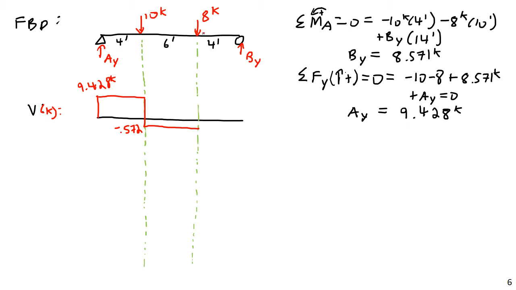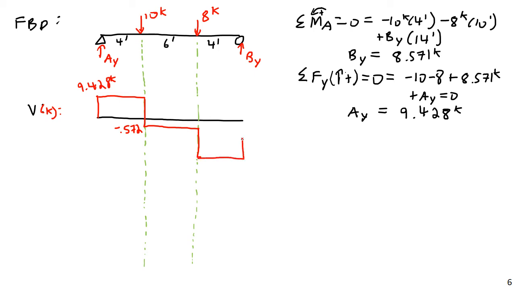Then here there will be a secondary drop, and this will drop down by 8. If I look at negative 0.572 minus 8, hey, what do you know? I get negative 8.572, or 8.571 within rounding error there.